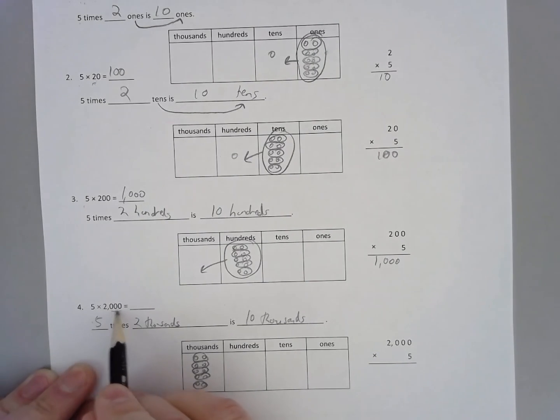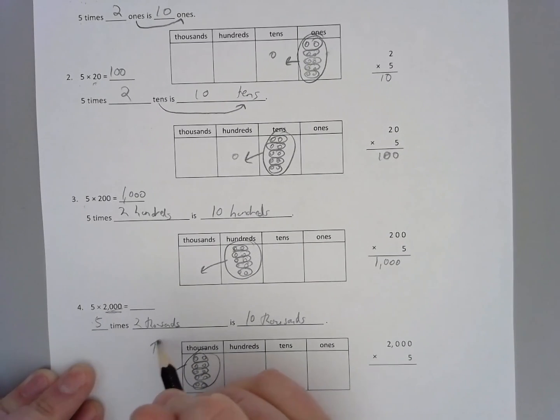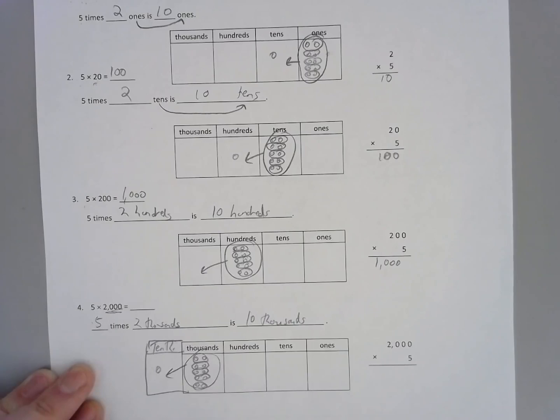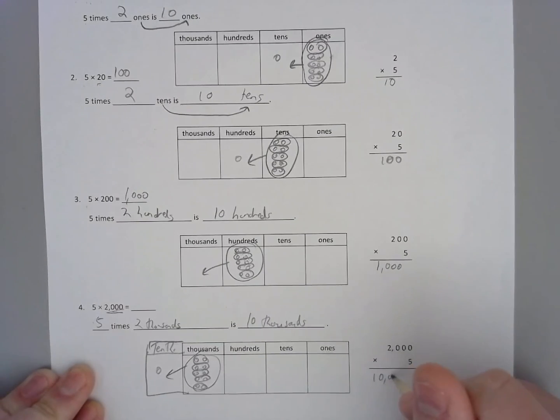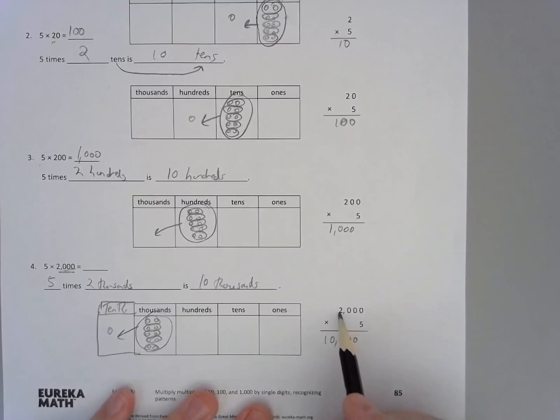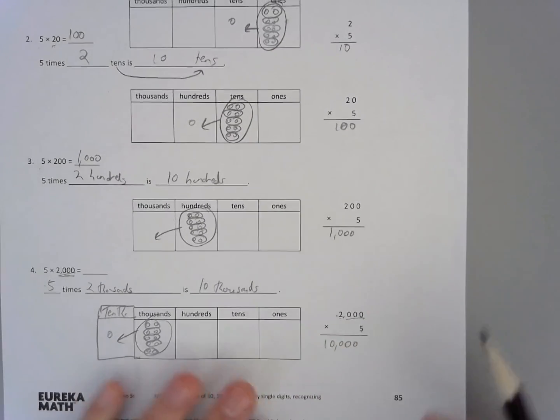So we're just adding the amount of zeros that we have on the number that we're multiplying there. So if we were to bundle that up and move it over to the 10,000s, we would have 1 10,000. That's 10,000. So again, they figured out today that they just multiply the front numbers and then add the total amount of zeros. So you'll see that on the back.